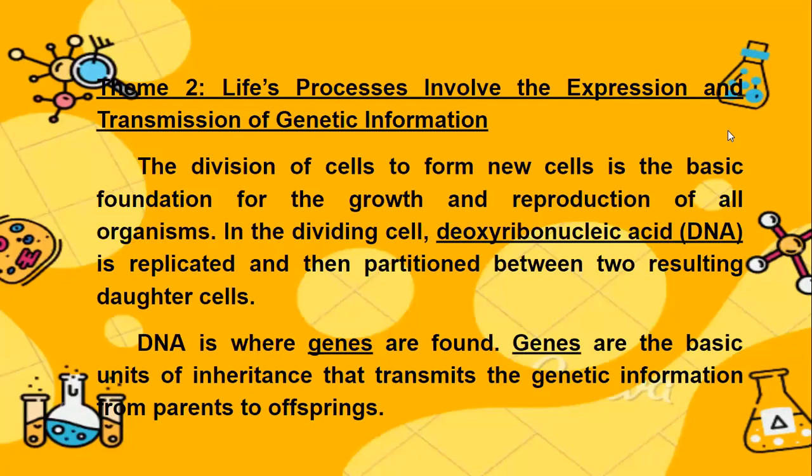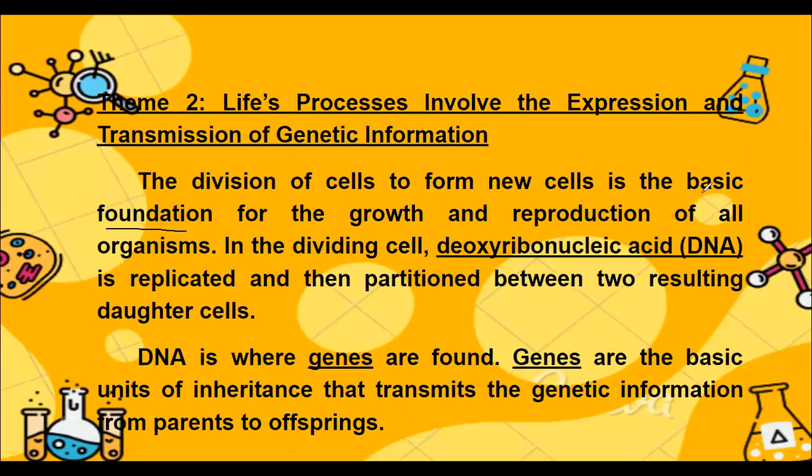Our theme two, life's processes, involve the expression and transmission of genetic information. So the division of cell to form new cells is the basic foundation for growth and reproduction of all organisms. In the dividing cell, we have the so-called DNA or the deoxyribonucleic acid.